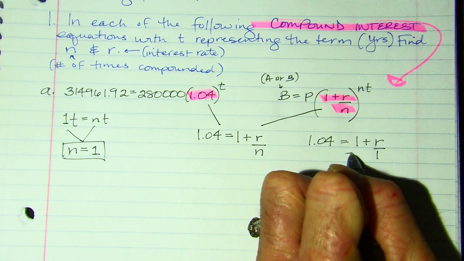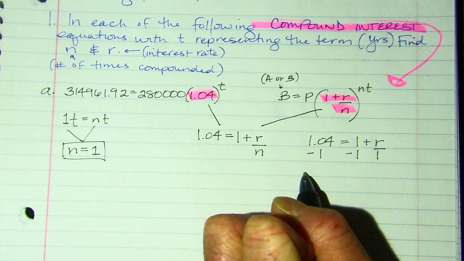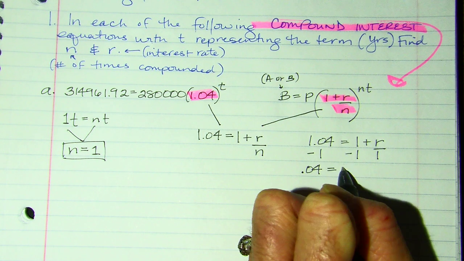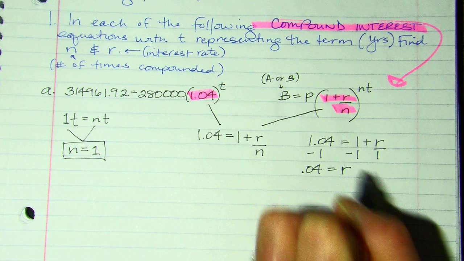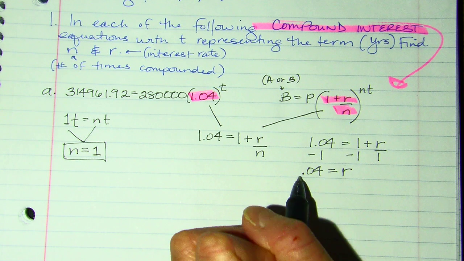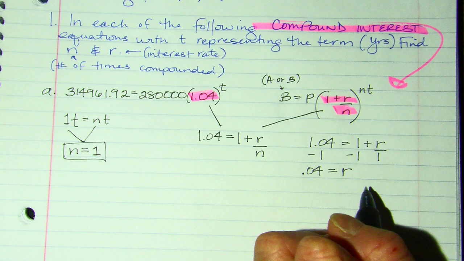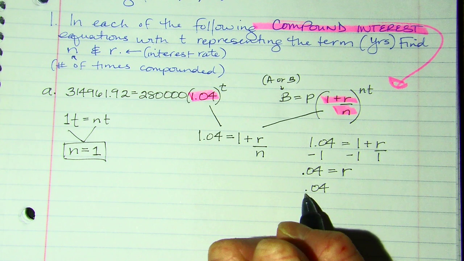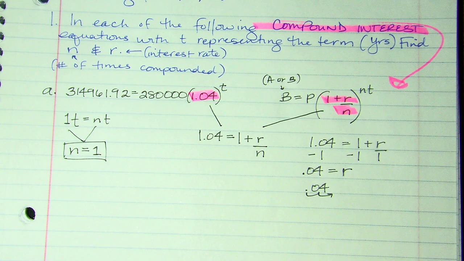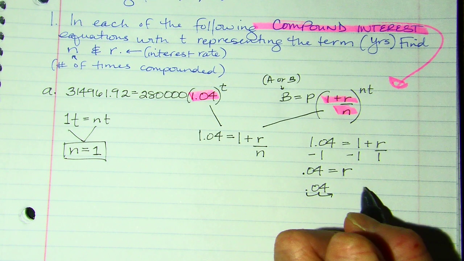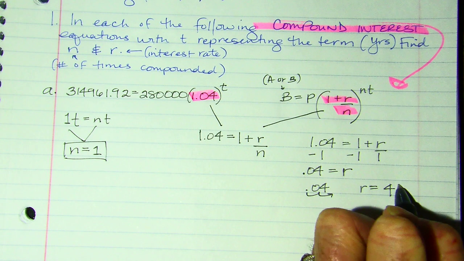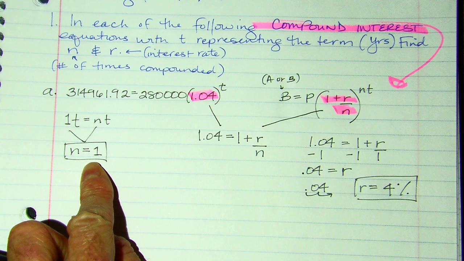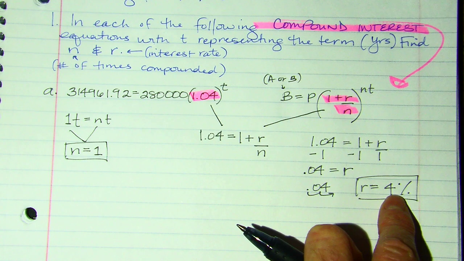So I'm going to subtract 1. 1.04 minus 1 is 0.04 equals r divided by 1, which is just r. So if the rate is 0.04, what would that be as a percent? Well, 0.04, remember we can move it 2 places to the right, or you can times it by 100, but r equals 4%. So I found how many times it's compounded and the interest rate.